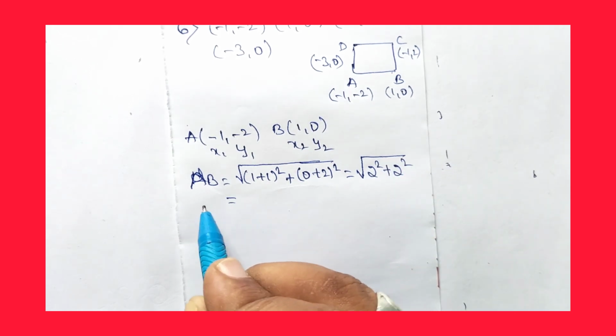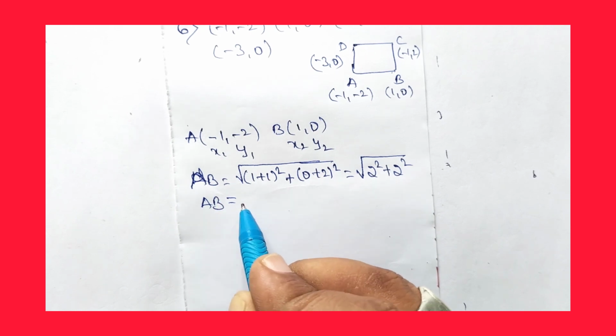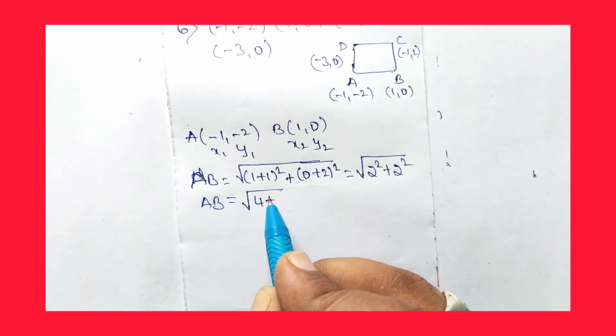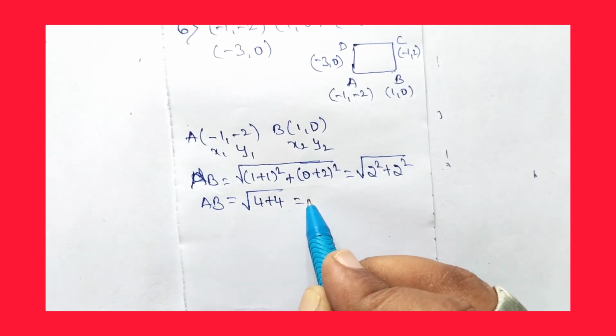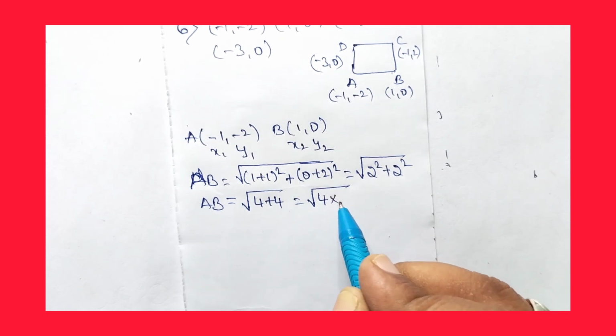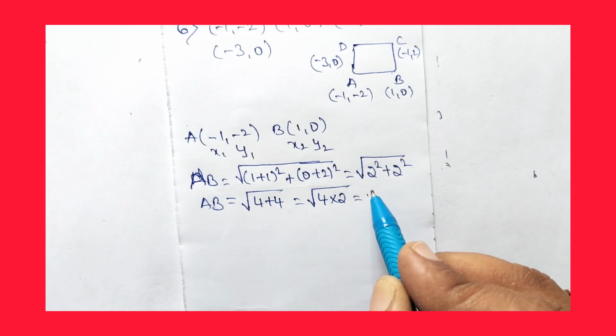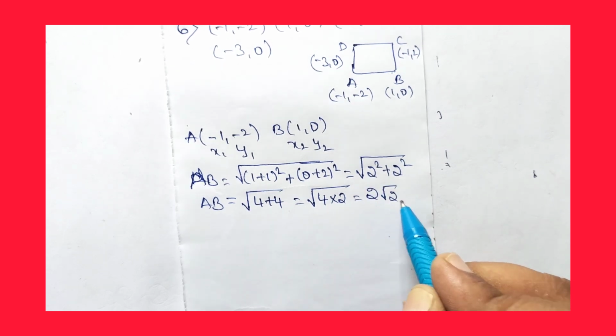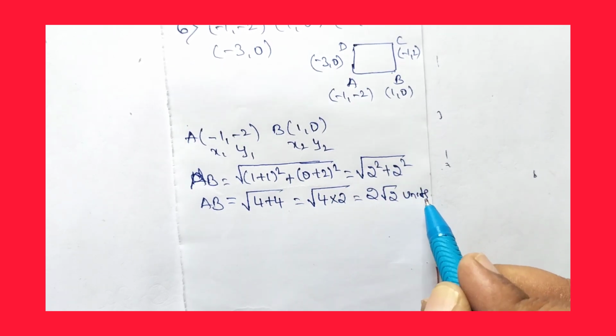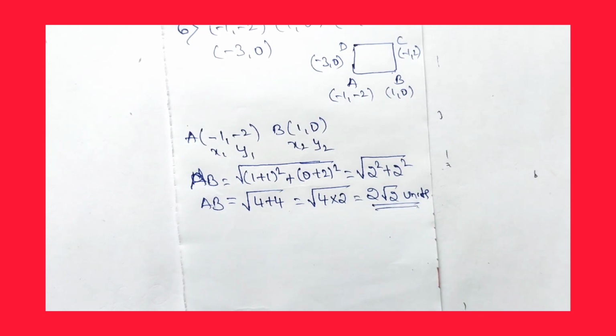So AB is equal to the square root of 4 plus 4, that is square root of 4 into 2. Square root of 4 is 2, so 2 root 2 units. This is the distance between A and B.